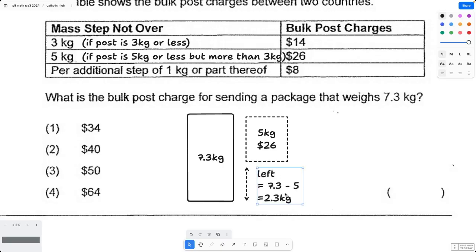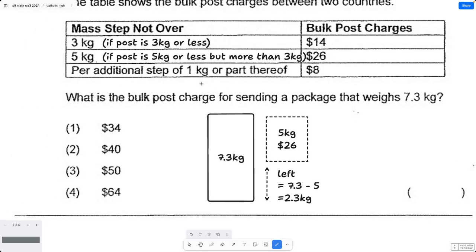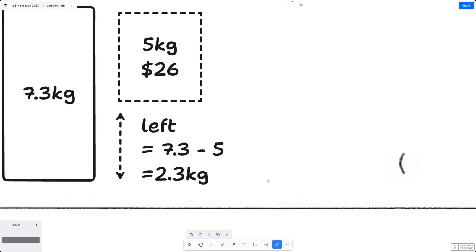Now in this case, per additional step of 1 kg or part thereof is $8. What this means is that every 1 kilogram or less is $8, one block of 1 kilogram. If I zoom this in, let me put a rectangle.